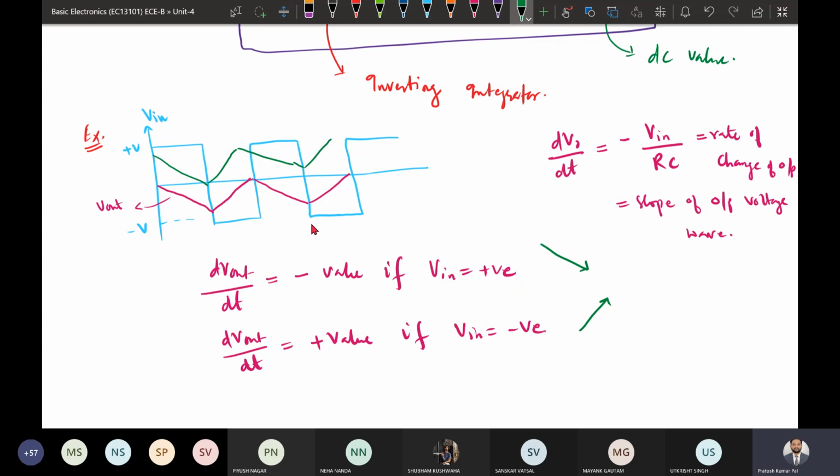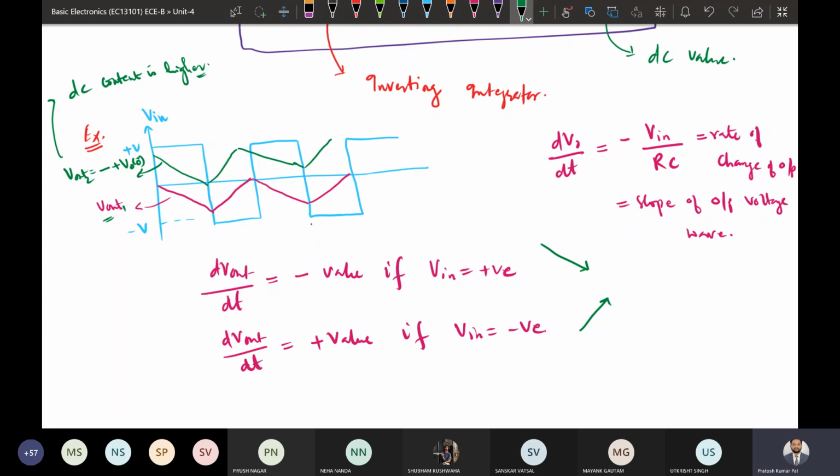Okay, so V output is the integrated output plus a constant DC value, the initial value. So it will have a higher DC value than the first output. So the DC content is higher here. This is how we shift the output according to the initial value condition.